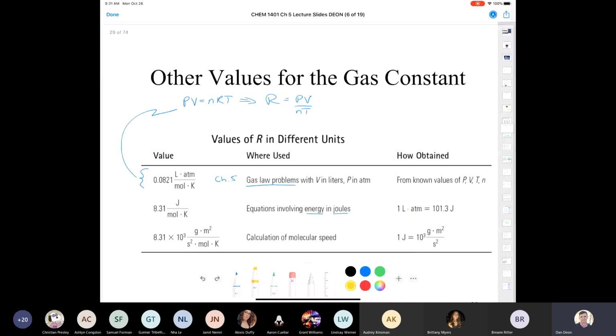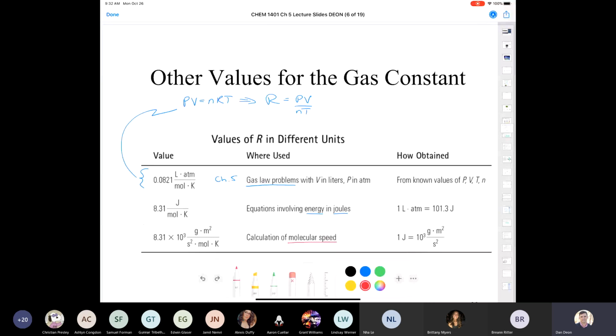And then finally, later on, and this will probably be during the next lecture, we're going to talk about the speed of molecules or atoms. And when we are determining molecular speed, we're going to use this value for the gas constant down here, 8.31 times 10 to the 3. So times 1,000 grams times meter squared divided by second squared times mole times Kelvin. If you're like, wow, that one's really weird.